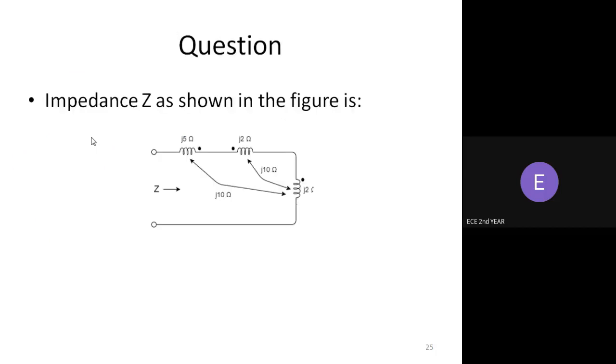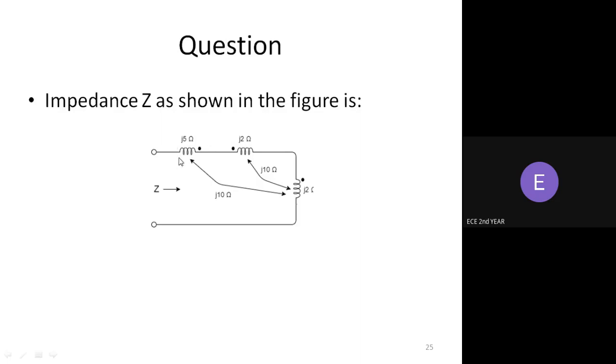And next question is impedance. We need to calculate impedance Z as shown in the figure. So here there are three coils connected in a series manner. 5j ohms, 2j ohms, and 2j ohms are connected in series with a dot rule.